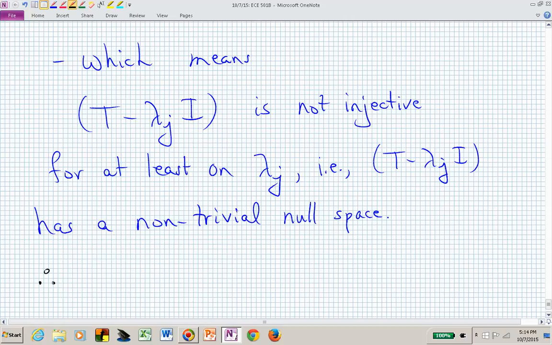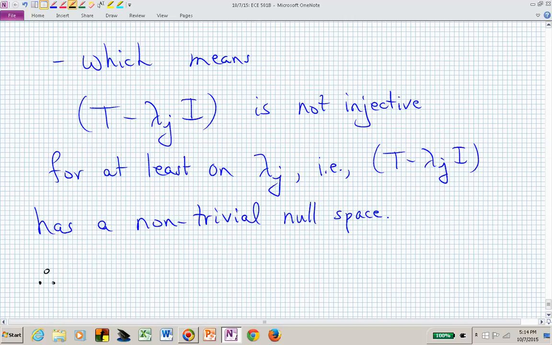What have we called that lambda sub j or vector at the beginning of class when we were recapping? That lambda sub j is an eigenvalue, isn't it? Because now we have a t minus lambda j I with a non-trivial null space. The vector in that non-trivial null space is an eigenvector. The coefficient or that scalar is the eigenvalue.